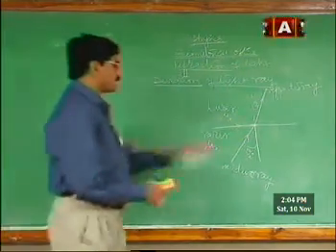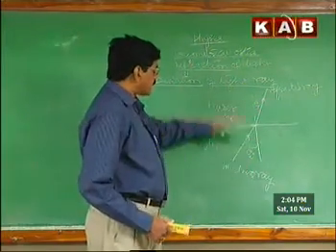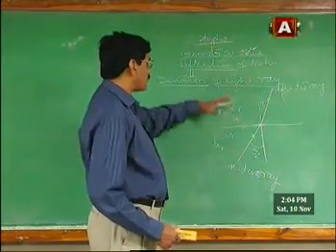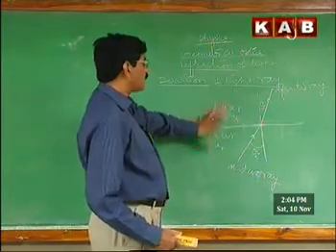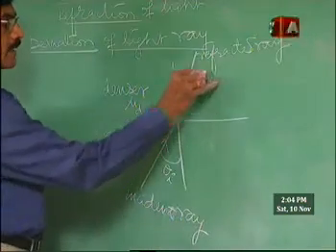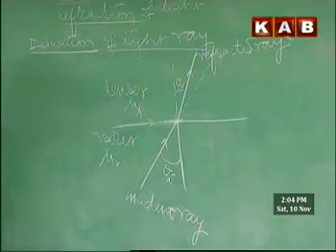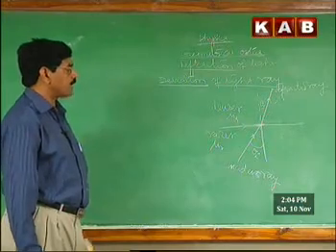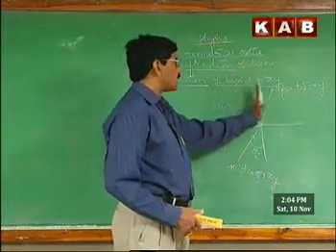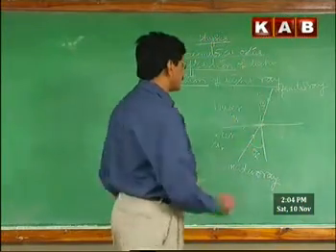Now, in the absence of this boundary, if the medium continues to be the same, if there is no change in the medium, there is no boundary separating two media, only one medium, light would have continued to move like this. In the absence of a second medium, light would have continued in that way, but because of the presence of the second medium at the boundary, it is undergoing a change in direction here.